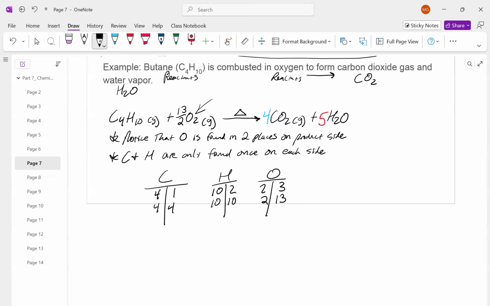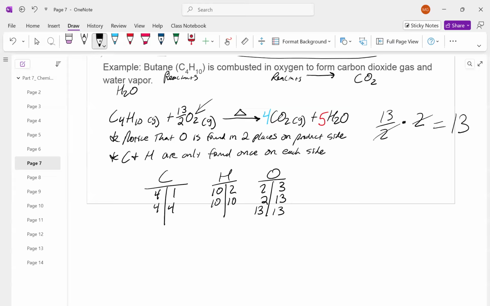But I want you to think about this for a second. If you have 13 over 2, and then you multiply that by 2, what does that make? That makes 13. So now I technically have 13 oxygens on the left and 13 oxygens on the right. Now, this is not my final answer.